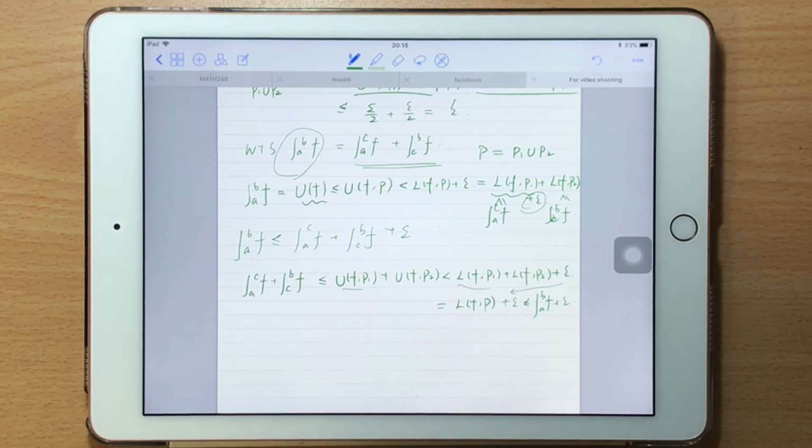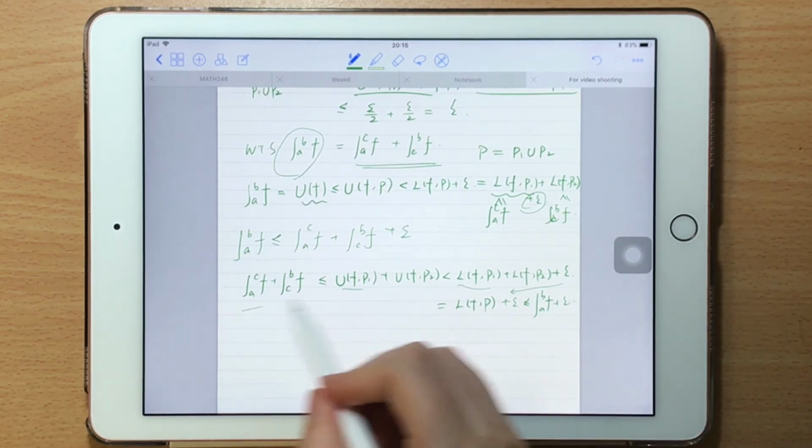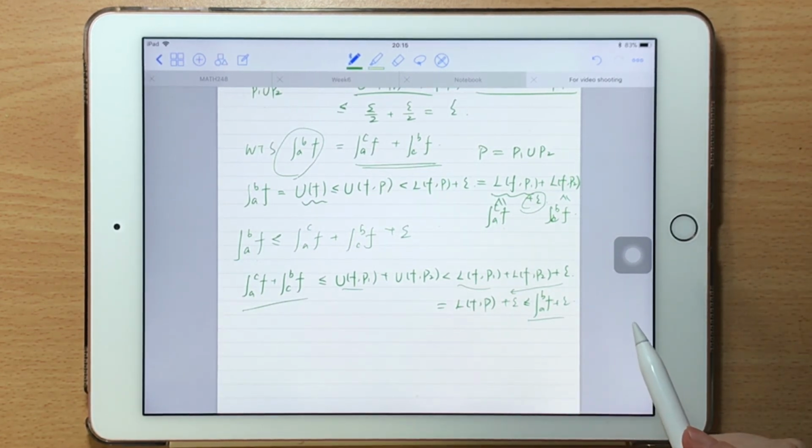Okay, so we prove that the left hand side is smaller or equal to the right hand side, and the left hand side is also larger or equal to the right hand side. So the left hand side is equal to the right hand side, right? So the integral of f on AB is gonna be equal to the integral of f on AC and CB, provided that f is integrable on AB, on AC, and on CB.